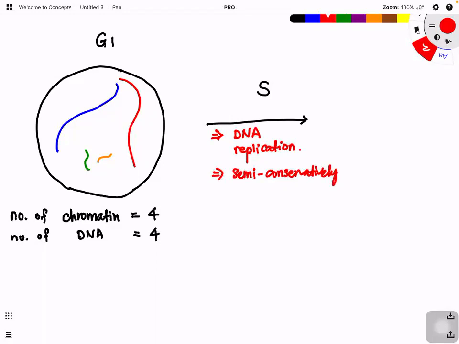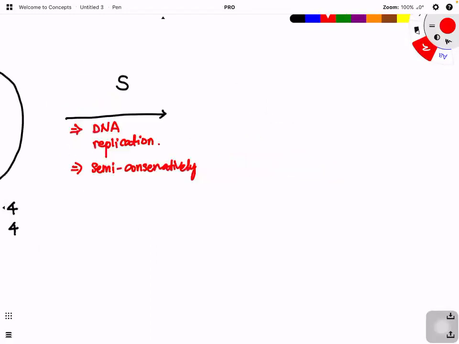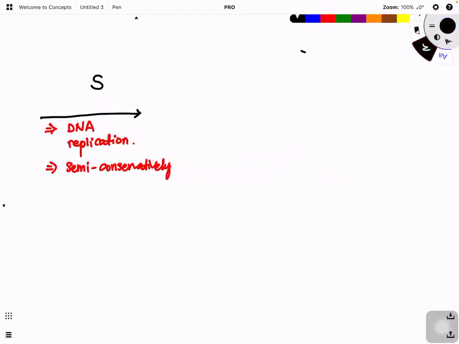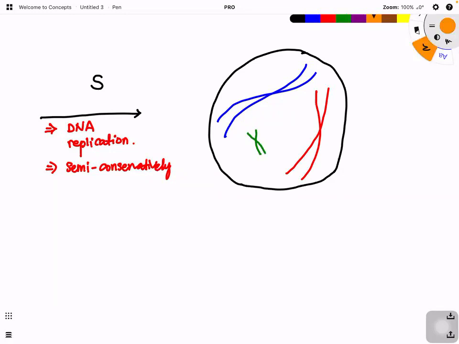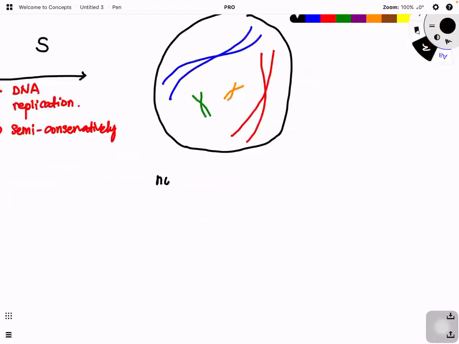This is very important, because of semi-conservative replication, we get identical DNA. So after the S phase, what do you expect to see? Blue color will form like this, red color, green color, and orange color.